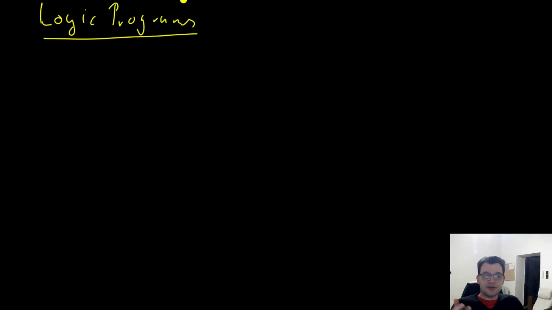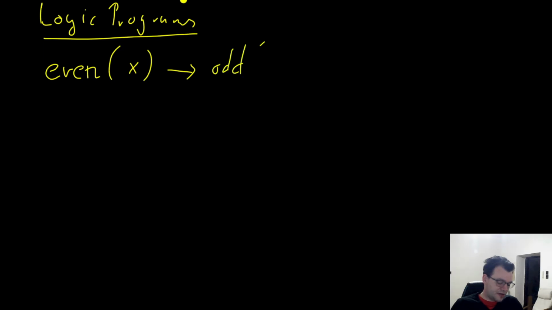Usually, such a clause looks like an implication, and that's because it's an implication. So, our first clause can say that even x implies odd successor of x. Okay, and this x is the same.